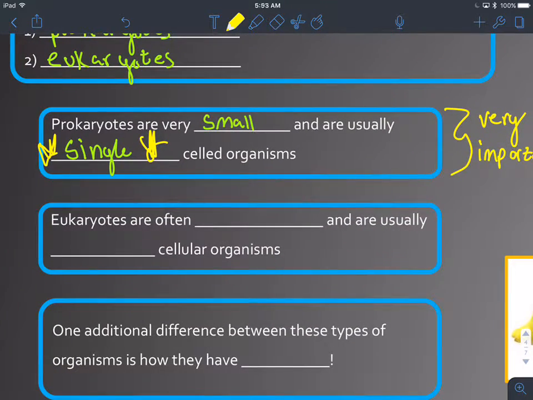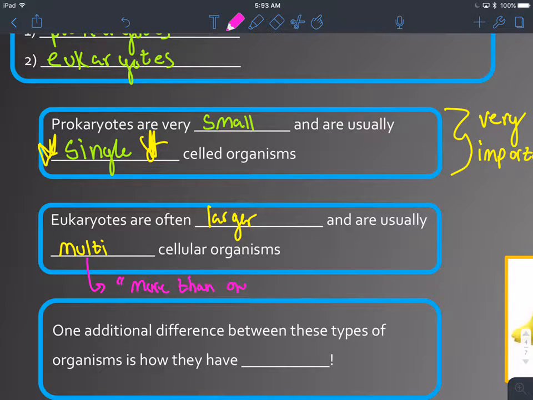Eukaryotes are often larger organisms, and are usually multicellular. And if you guys recall what multi means, more than one.